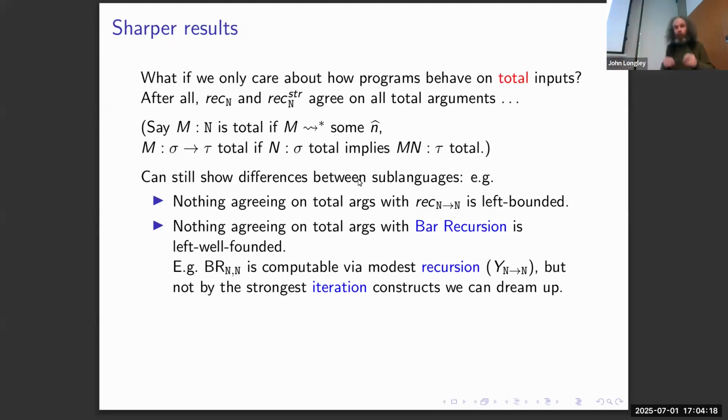So we're being more generous in what we regard as equivalence, and then we could say these agree. But one of our theorems is that even if we're only interested in total arguments, you still can't simulate the type 1 primitive recursor within the left-bounded world.